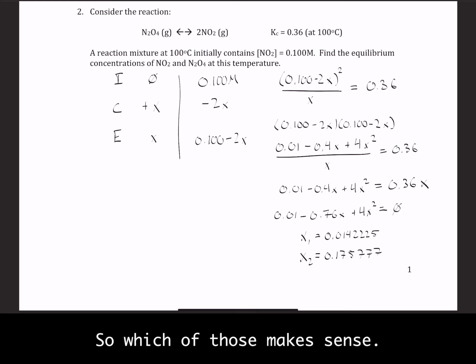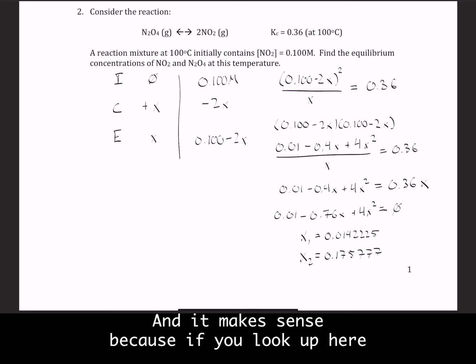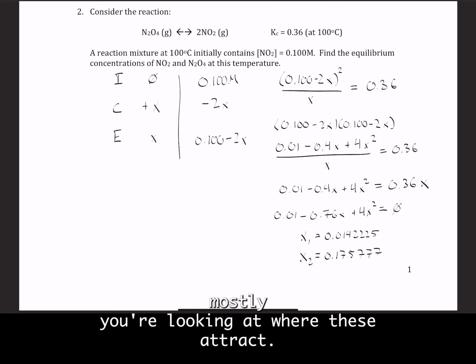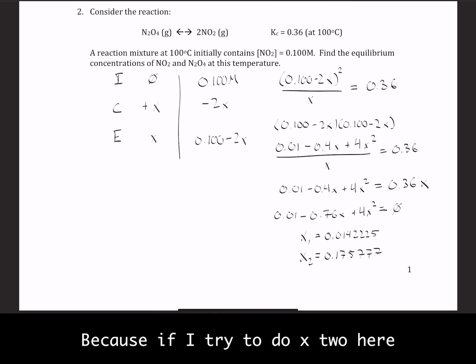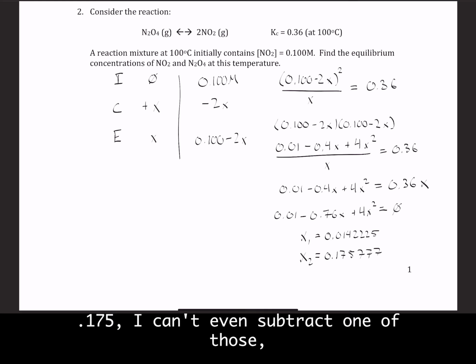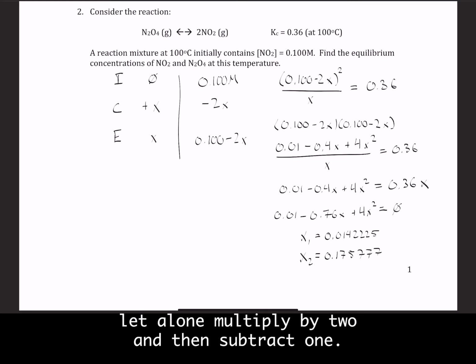So which of those makes sense? Yeah, only the first one makes sense. It makes sense because if we look up here, mostly you're looking at where you subtract. If I try to do x2 here, 0.175, I can't even subtract one of those, let alone multiply by 2 and then subtract it from 0.1.